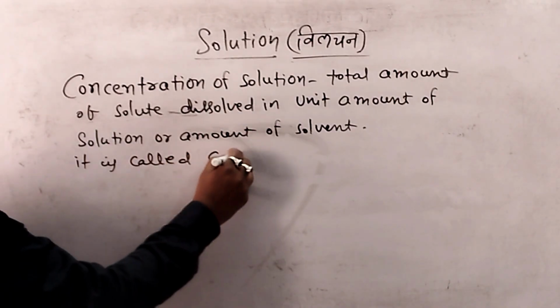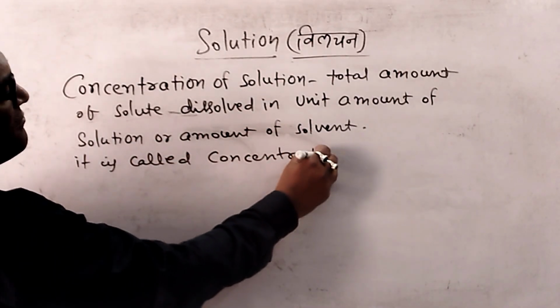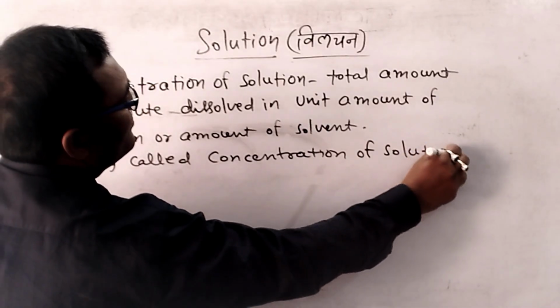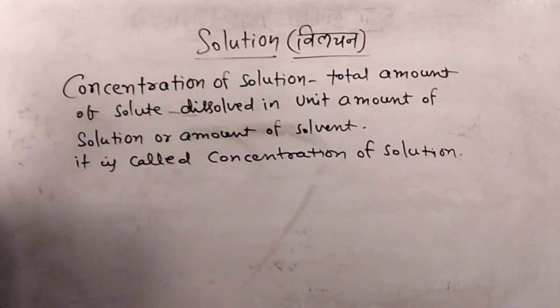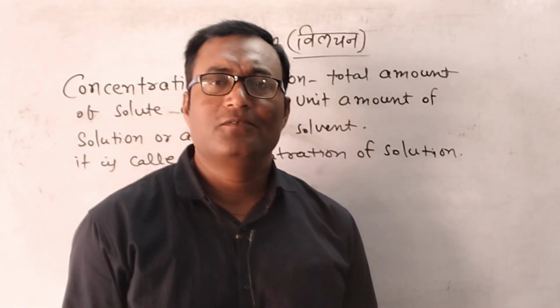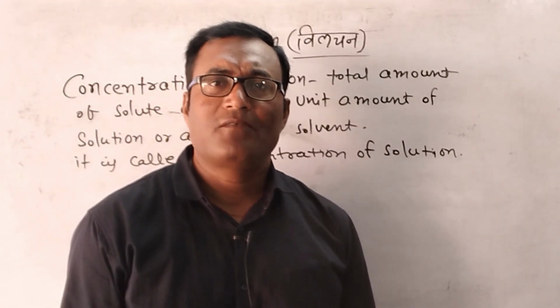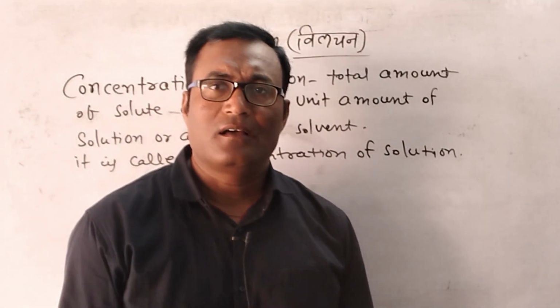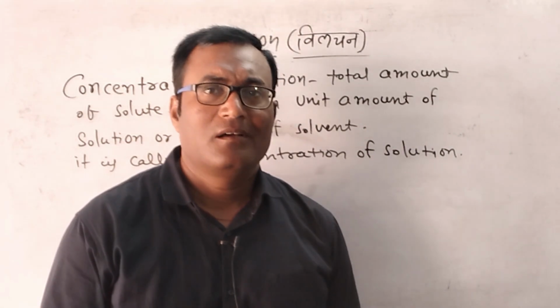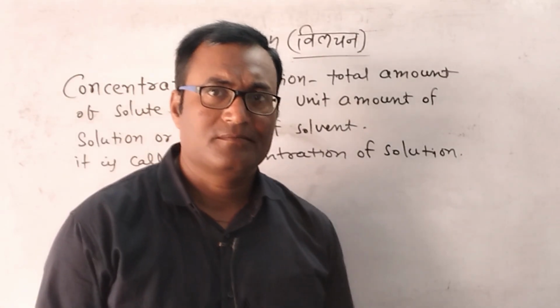It is called concentration of solution. So finally we can say total amount of solute dissolved in unit amount of solvent or unit amount of total solution. So now I am going to discuss all units of concentration.